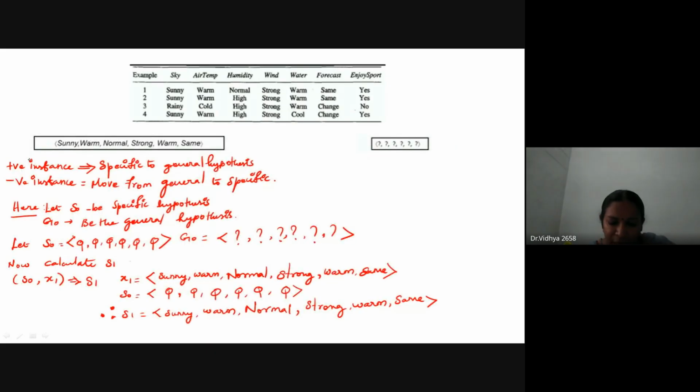Okay, so look at this table. Initially, we take two hypotheses: the specific hypothesis S0 and the general hypothesis G0. The specific and general hypotheses will be developed as S1, similarly S2, S3, and S4 as it goes.